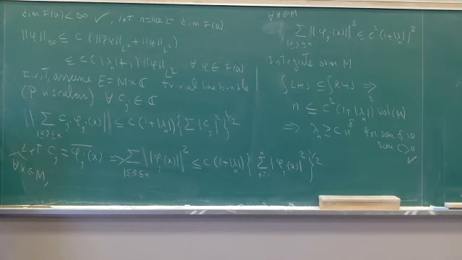Absolute value of Cj square. Yeah, okay, so that's not. Yeah, we cannot scale it because it has to be norm 1.